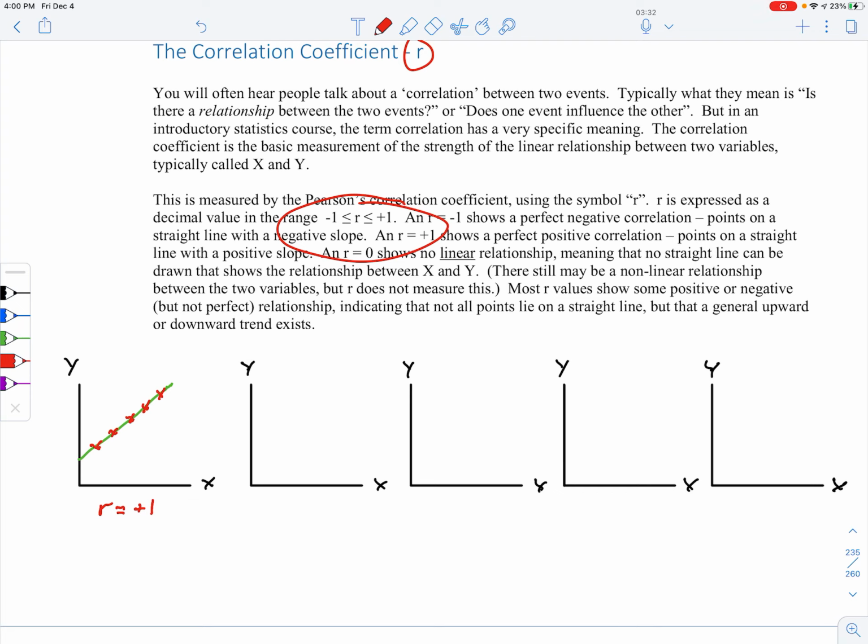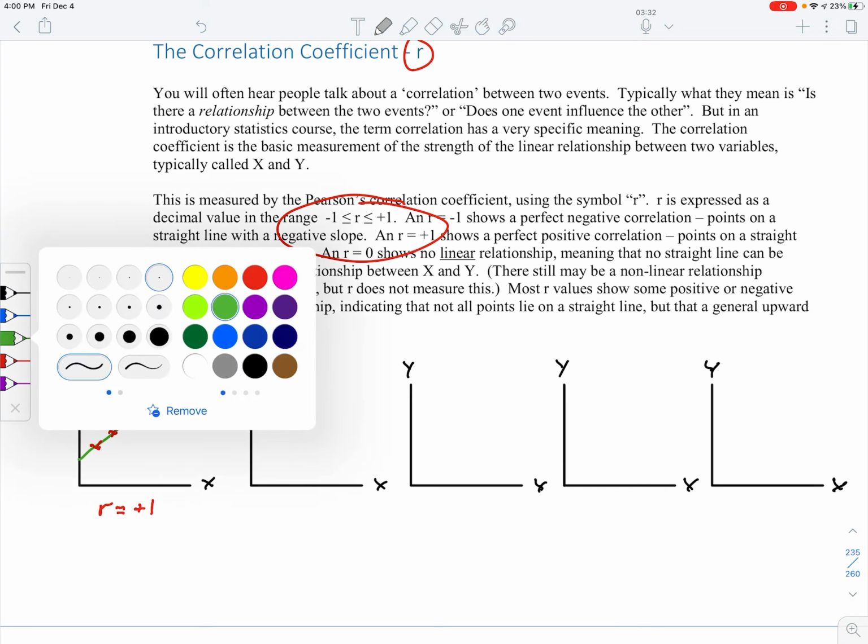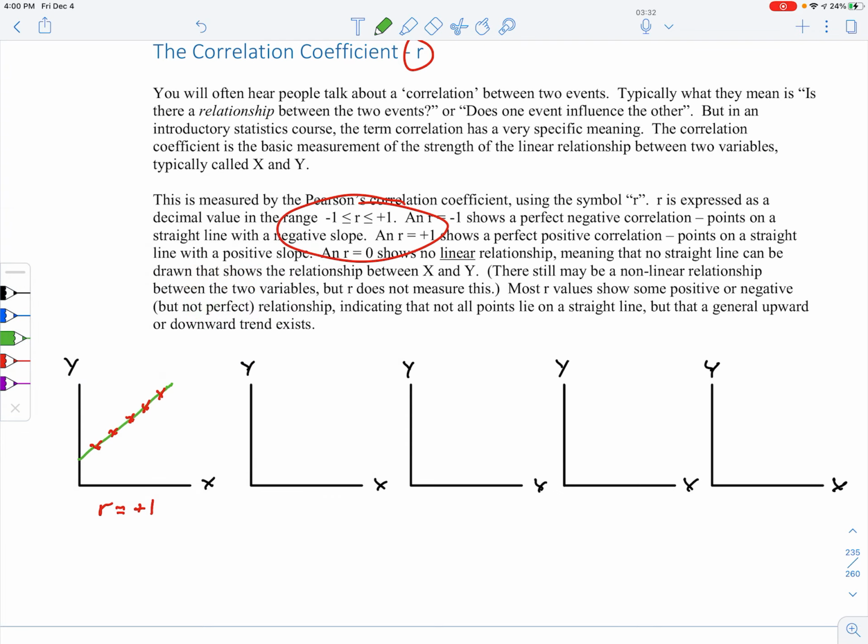That is an R of +1. On the other hand, if we have all of the points on a line, kind of a jiggly line there, but all of the points are exactly on the line, but the line has a negative slope, then we say that we have a perfect negative correlation of -1.